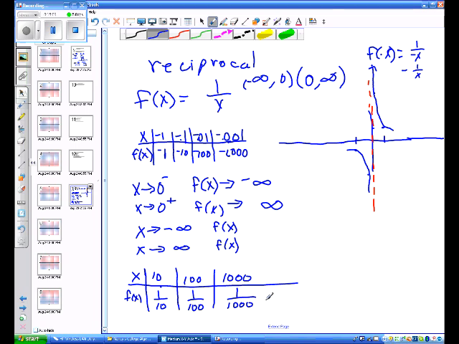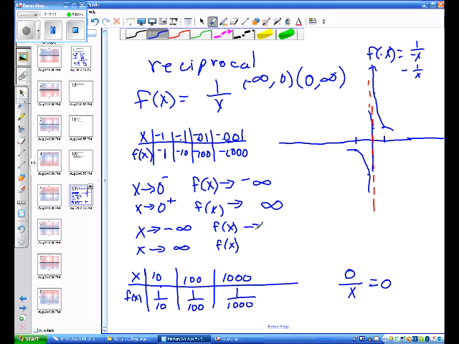Now, my y will never be 0. The only way a fraction can be 0 is if the numerator is 0. That's the only way that you can end up with 0, and our fraction here can never be 0 because our numerator is 1. So as x gets bigger and bigger and bigger, then our y value is getting smaller. It's approaching 0.